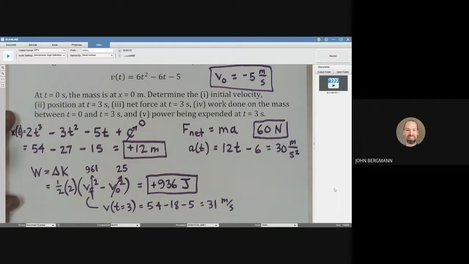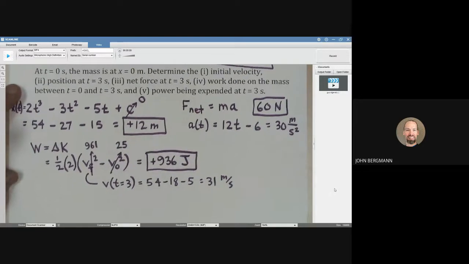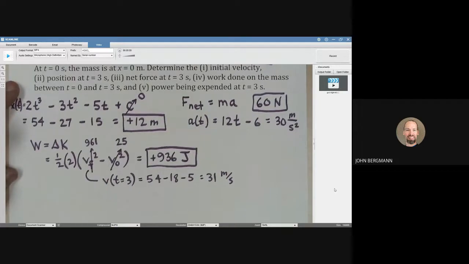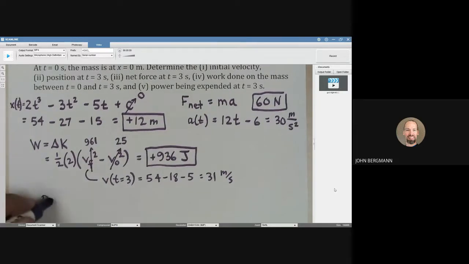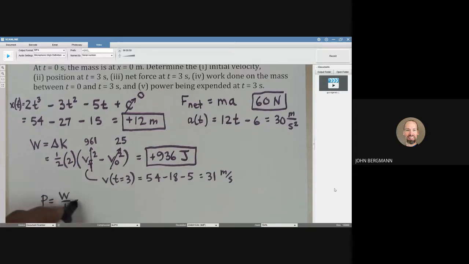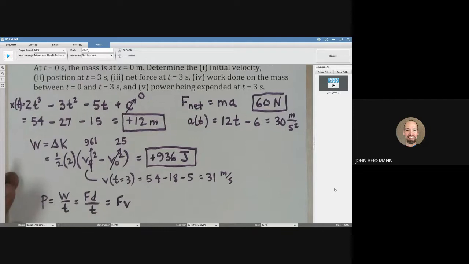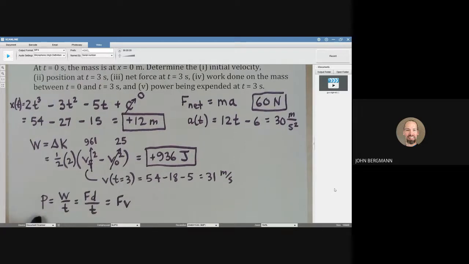All right, what's the power that's being expended at a time of 3 seconds? Let's see, power is several things. It's work divided by time, which is maybe force times distance divided by time, and distance divided by time is speed. So you could say force times speed, and we want the power at 3 seconds.